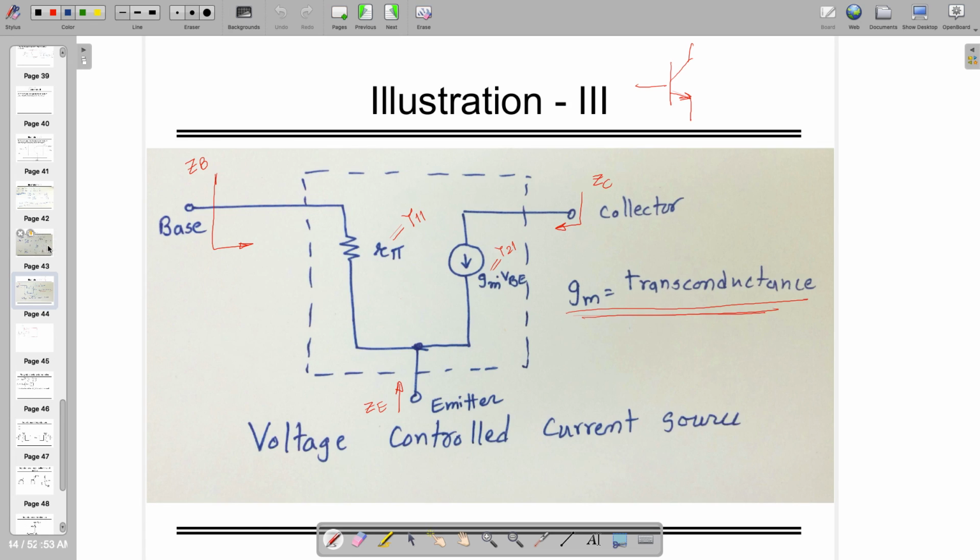Here it will be R pi, right? If you keep this ground, there is only one path. Similarly, you can find out for the others. So please write down the answer for ZB, ZE, and ZC.